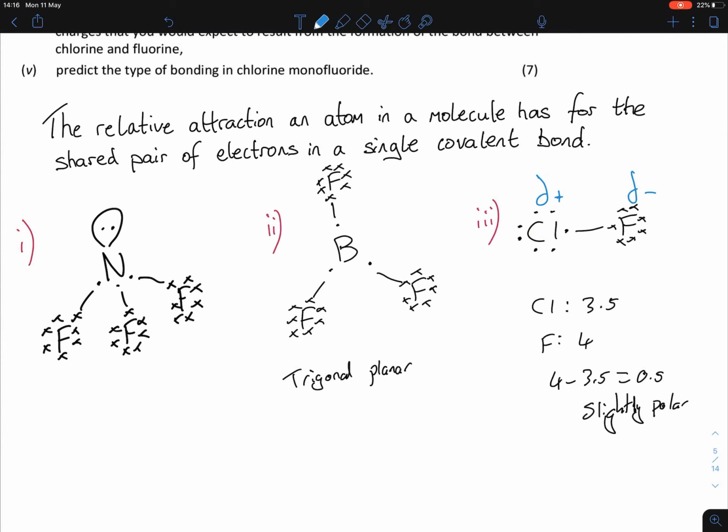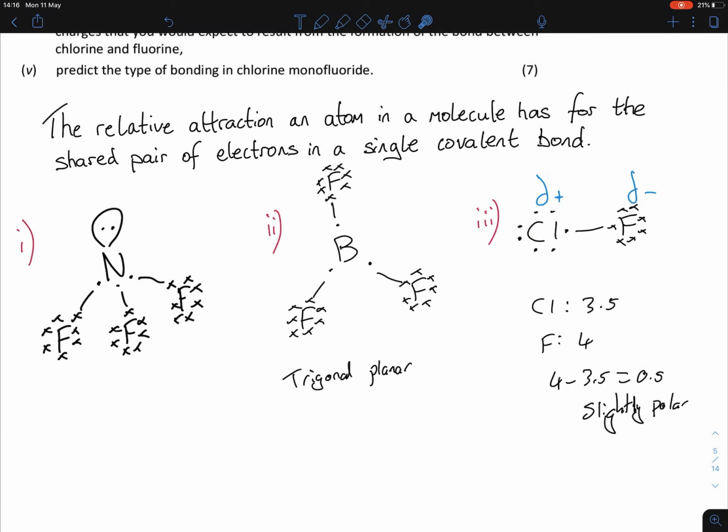So that means at any one time, even though they're sharing electrons, electrons are closer to fluorine than they are to chlorine, simply because it's more electronegative. And it's negative because the charge on electrons is negative. So if it's closer to the fluorine, it has to have a negative sign here. Now this is really important.